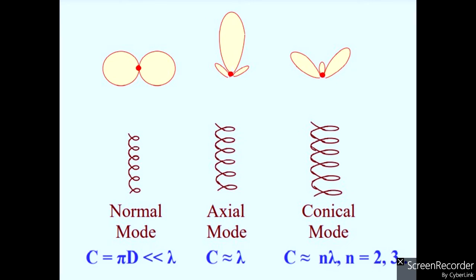In the conical mode, the major lobe is suppressed and the side lobes are dominant. So the conical mode is less used from the application point of view.